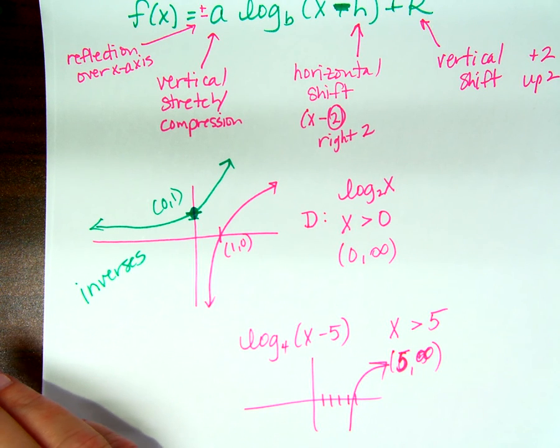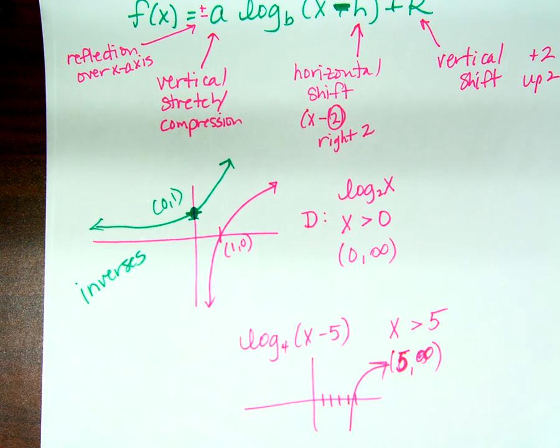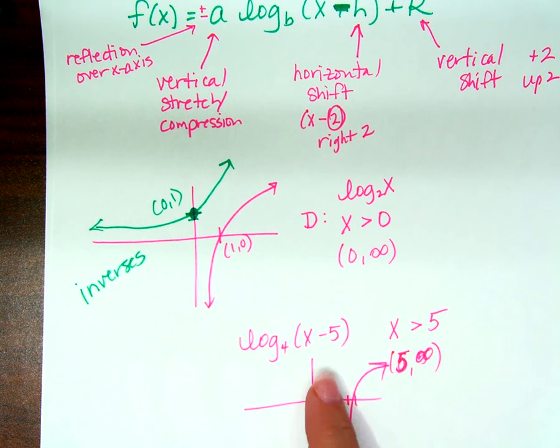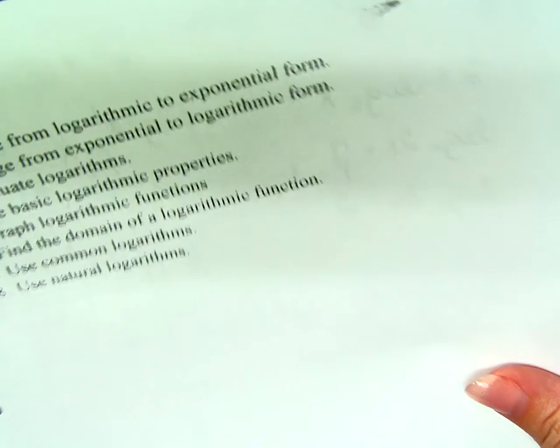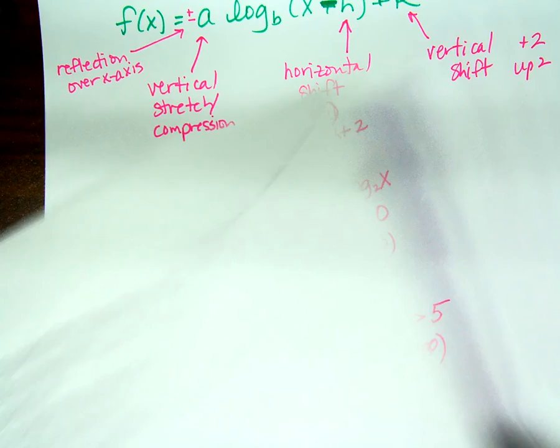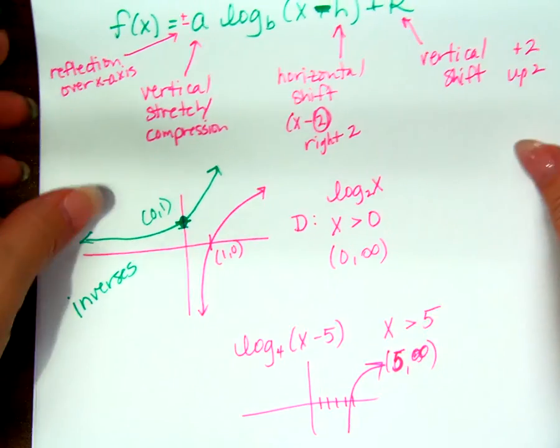How are you feeling so far? That was graphing logarithms, and that was also finding domain of logarithms. The last two things on our objectives are using common logarithms and using natural logarithms. Do you remember the difference?